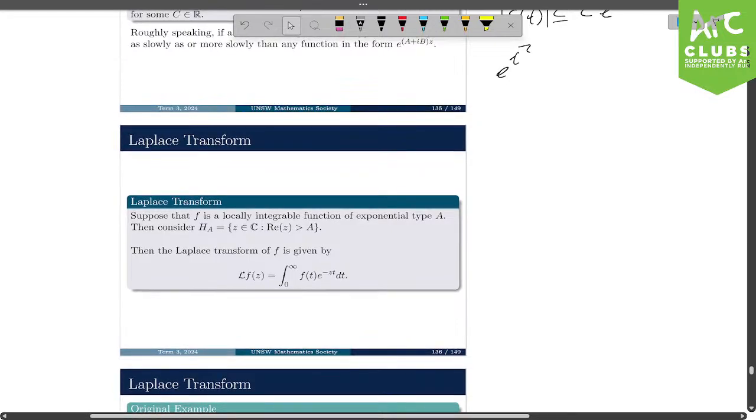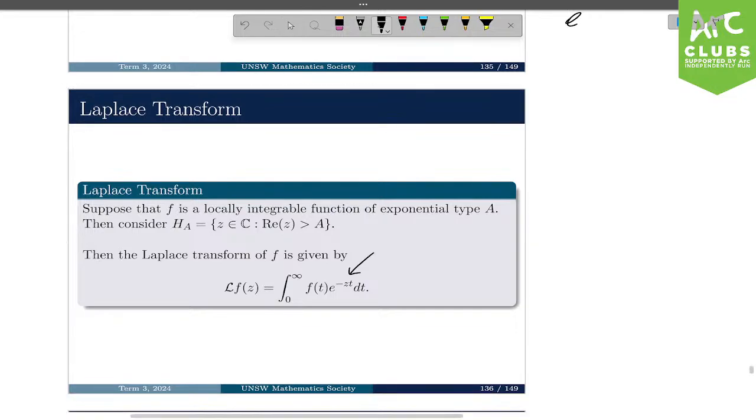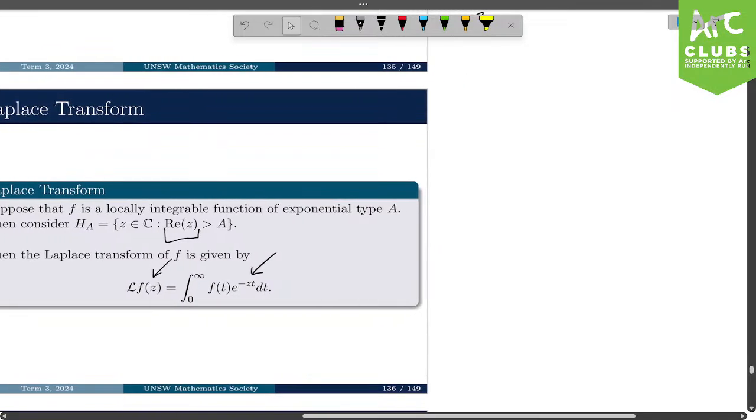So we proceed. All right, so the actual Laplace transform looks very similar, except we use z instead of t. Now, we're only really able to do this given that z is greater than a, where a is our exponential of type a, that is relating to f. So if f is of exponential type a, then over h of a, which is the half plane that is greater than a.